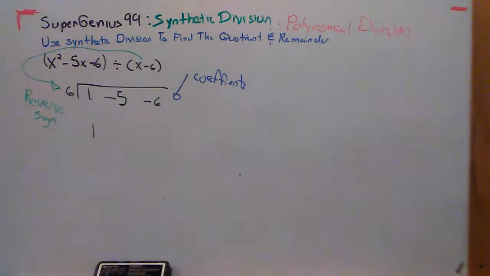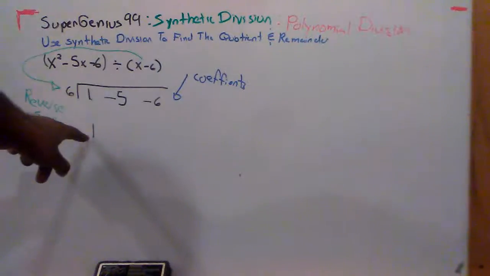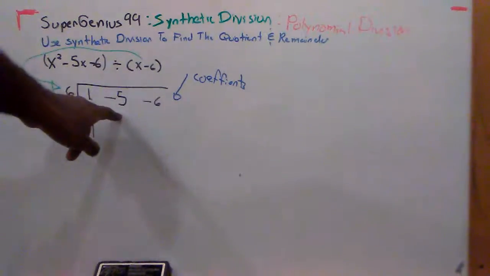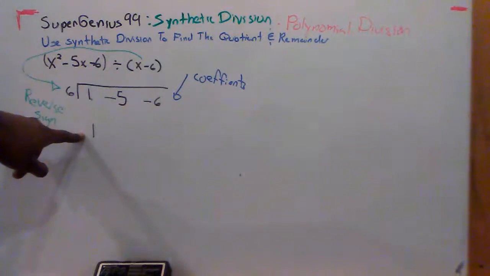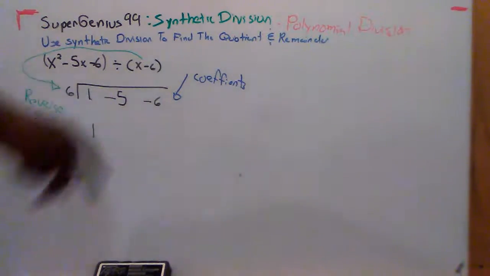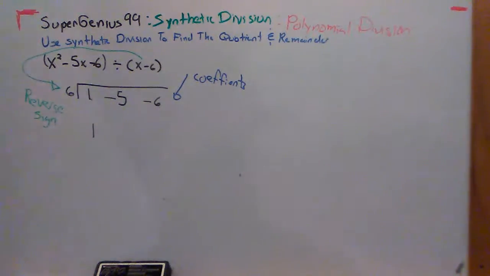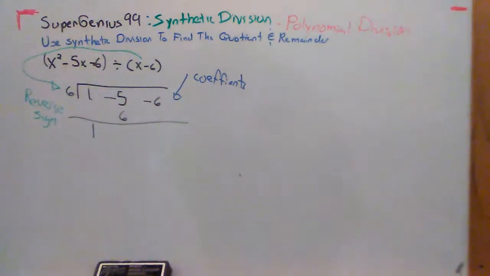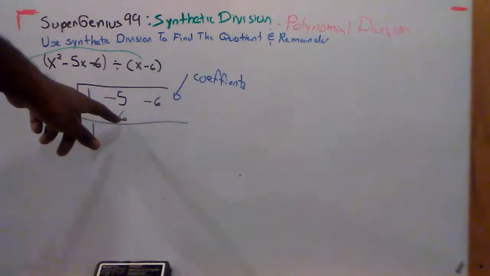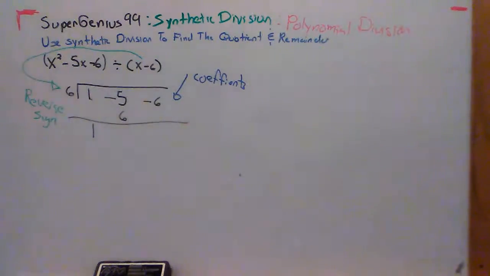Okay. Multiply this number out here times this number, put it under this number. So 6 times 1 is how much? Yeah, 6. Put it under here. Okay, and then just add negative 5 plus 6.